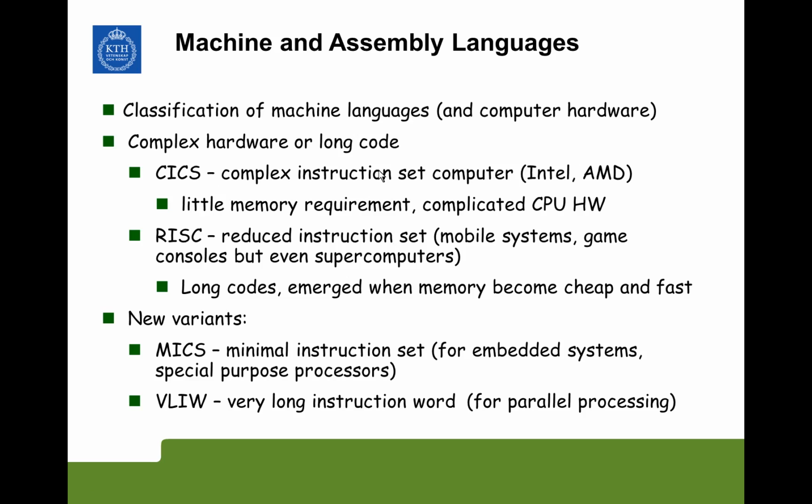It also requires complicated hardware, but it results in very short codes. In contrast, in RISC computers, the instruction set is small, the hardware is simple, but codes are usually long. We also have some new variants like minimal instruction set architectures for embedded systems and special-purpose processors, or very long instruction word architectures for parallel processing.